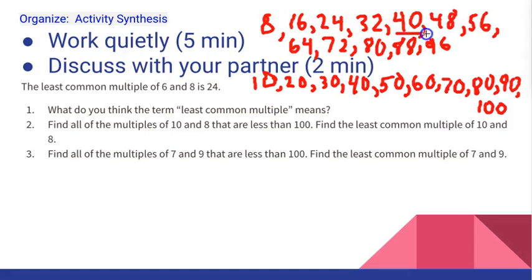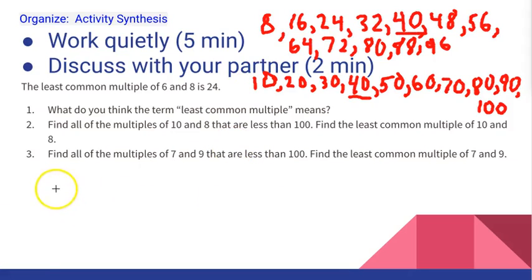Well, the least common multiple is 40, right? You can multiply both those numbers by something else and make 40. 80 is also a common multiple, and we can keep going up and up and up, but as far as least common, we have 40 for each of them, with 8 and 10 being their main parts.